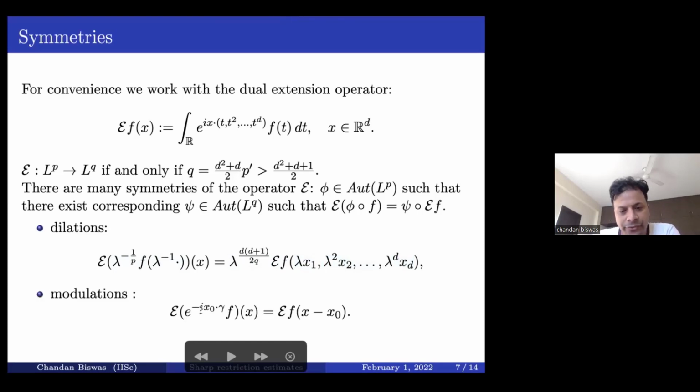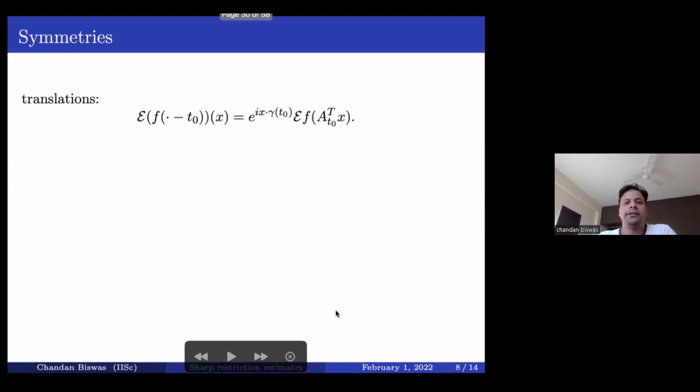There is modulation: if you modulate f by x_0, then on the physical side the extension operator gets translated by x_0. Here x_0 is a point in R^d. And there is also translation: if I translate the function f to a point t_0, then on the physical side it becomes e^{i x · gamma(t_0)} times the extension of f applied to a linear transformation of x.